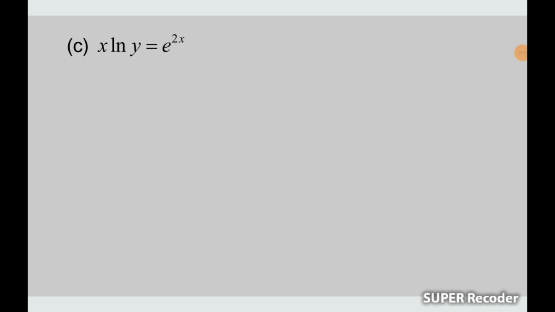Okay, now we continue our last example, C. Differentiate x ln y equals e to the power of 2x. This means you have to differentiate the left and right side with respect to x.